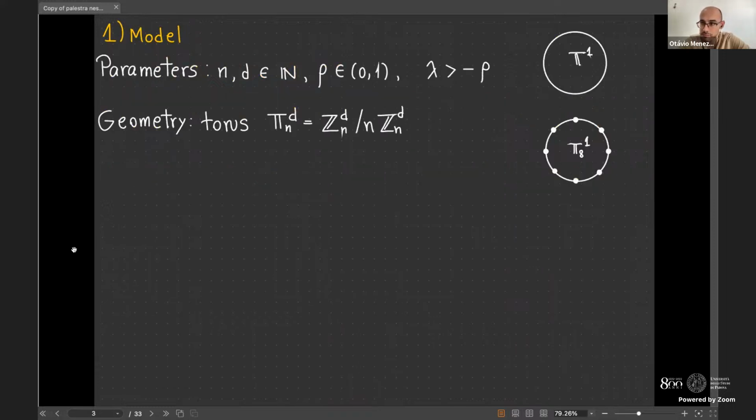So let's start with the model. Our original motivation for this project was not non-equilibrium stationary state. We started with a nice inequality for entropies, and we started looking around, okay, what can it be used for?